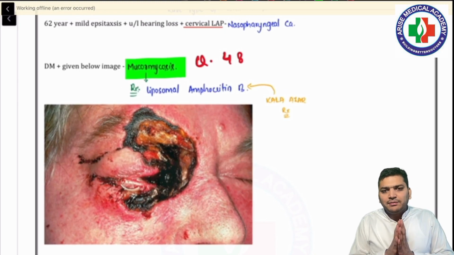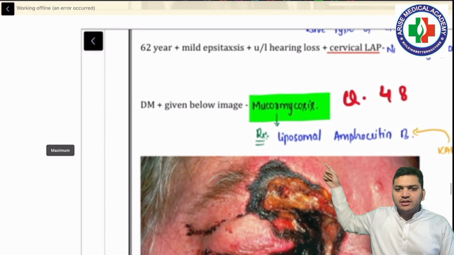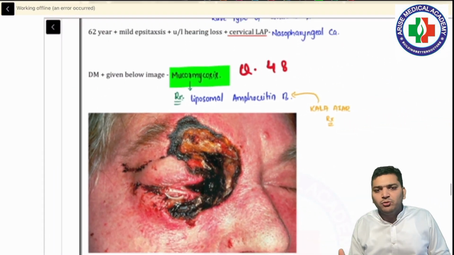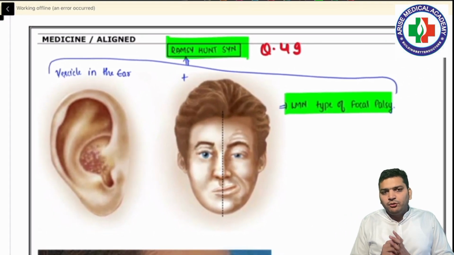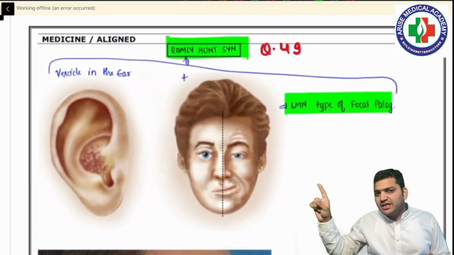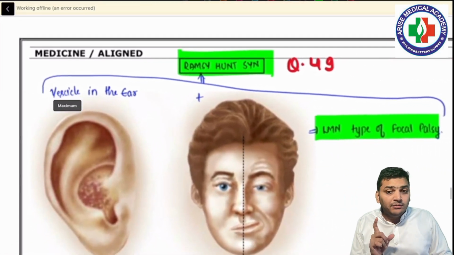They have given a question where there is a patient who has uncontrolled diabetes, and we have clearly mentioned uncontrolled diabetes with this black colored mass. It is mucormycosis. Now, in Ramsay-Hunt syndrome, they have clearly mentioned these words: vesicles in the ear with a lower motor neuron type of facial palsy, right?